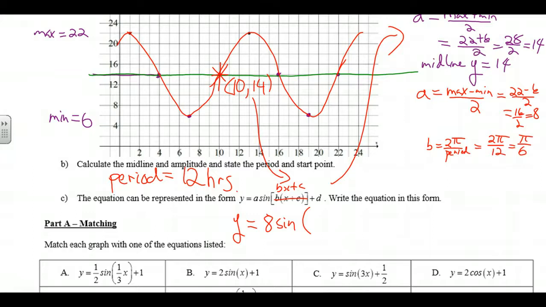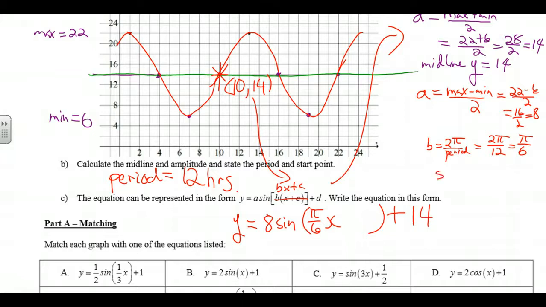Don't actually go 2 pi divided by 12 and then spew out a decimal, right? We don't want that. We want the exact value for b in terms of pi. So it's pi over 6x bracket plus d, which is 14, so plus 14. We now have to figure out c, right? C is always fun.